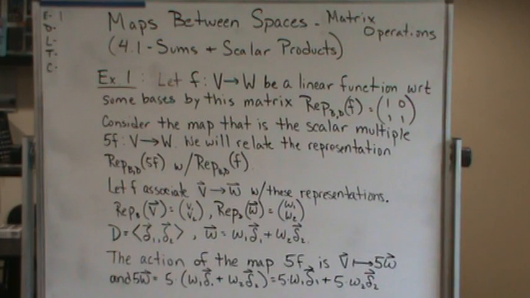From here, we see that 5f associates the input vector v with the output vector having this representation.